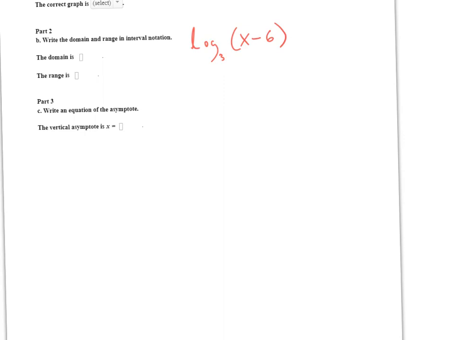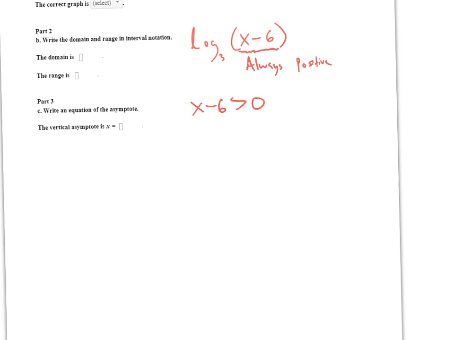Now they want to talk about the domain. For the domain, one thing about logs is that our argument is always positive. So you take that x minus 6 and make sure it's greater than 0.